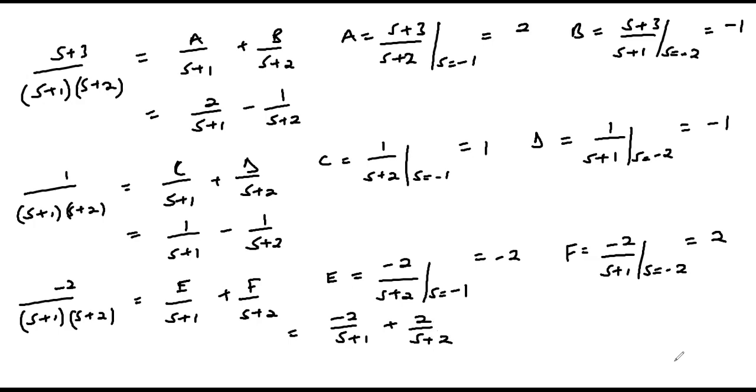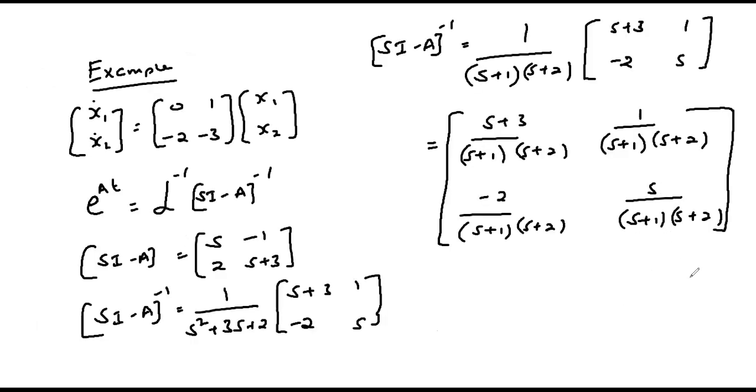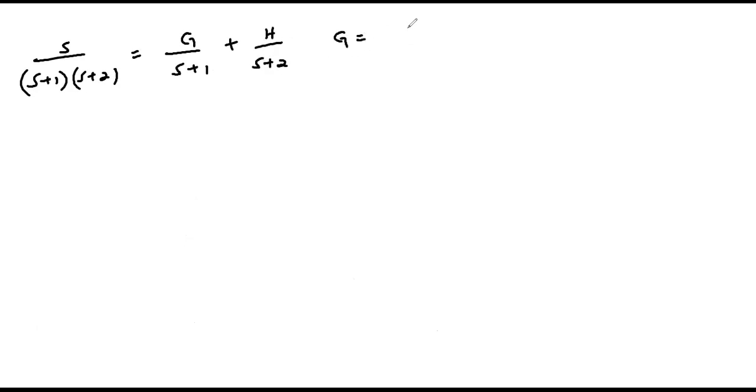Lastly, the last term was s over (s plus 1)(s plus 2). This can be written as G over (s plus 1) plus H over (s plus 2), where G will be given by s over (s plus 2) when s is negative 1, which is equal to negative 1 over 1, which is negative 1.